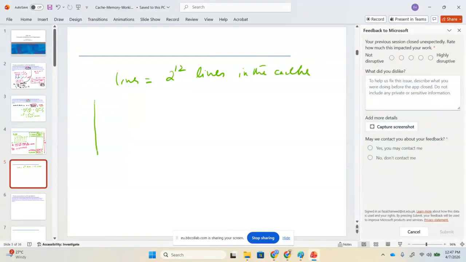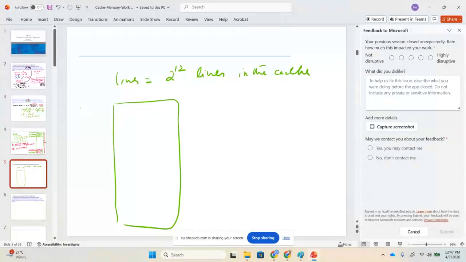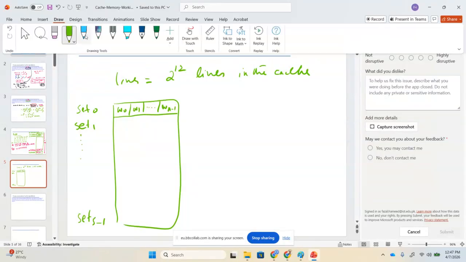And if you look at the cache, the cache consists of set 0, set 1, and so on until set S minus 1, and each set has way 0, then way 1, and up to way A minus 1. So how many lines are there in the set? Help me.